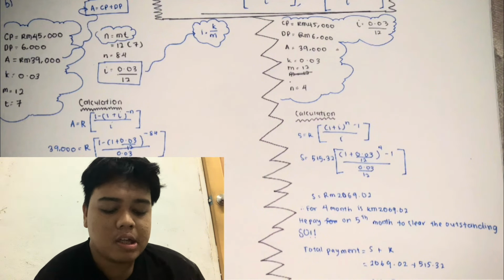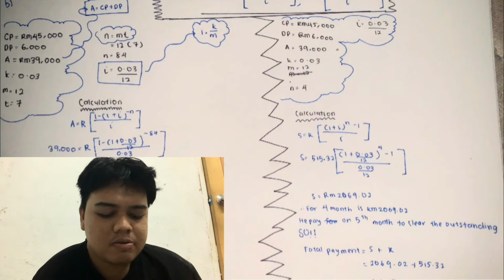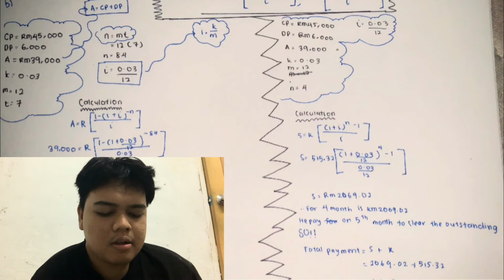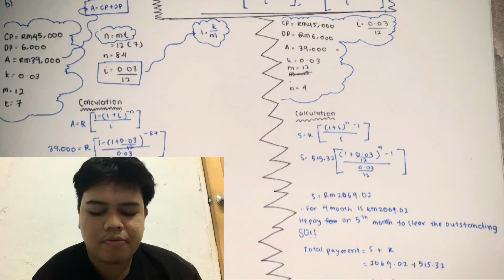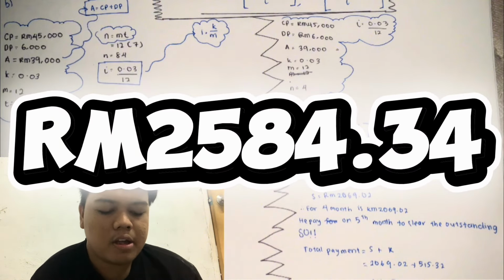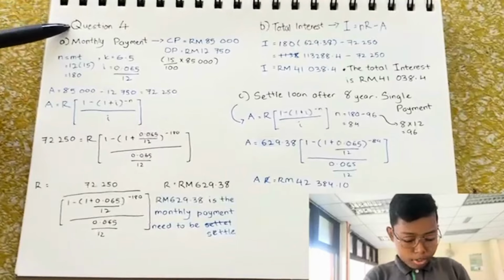So the total payment equals S plus R. So S we got 2,069.02. R we got 515.32. So the total is RM2,584.34.